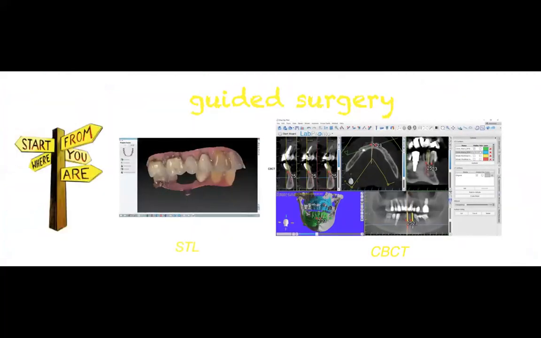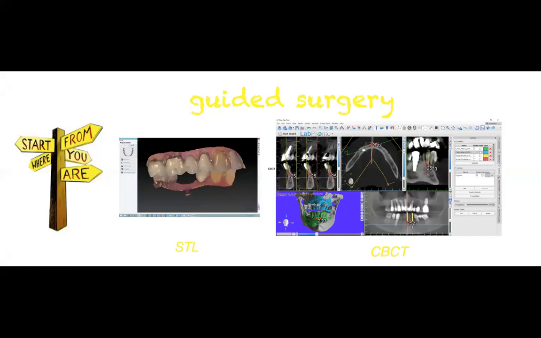So as far as the guided surgery is concerned, where do you begin? Again, as I said, some of this information may be redundant when it comes to guided surgery, because you guys in UFM are really doing this routinely now. But obviously the patient comes to the office, and I also wrote a protocol of how to take a CBCT based on a particular case, whether the patient is completely edentulous, partially edentulous, or has a number of teeth, and how you should go about doing it if you want to create your guide.